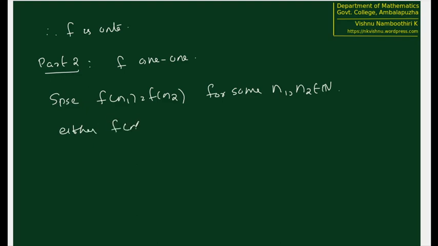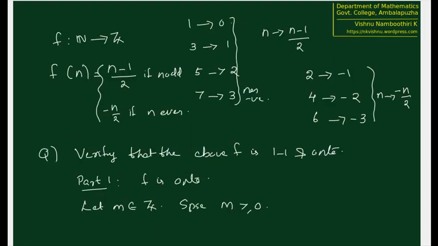Either f of n1 and f of n2 are both greater than or equal to 0, or both less than 0. We have already seen that greater than or equal to 0 happens when f of n is n minus 1 by 2, and less than 0 happens when f of n is equal to minus n by 2.